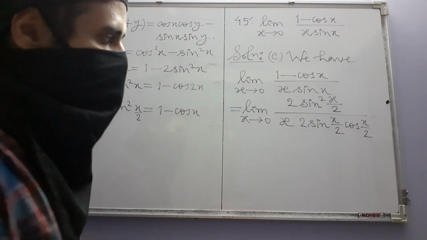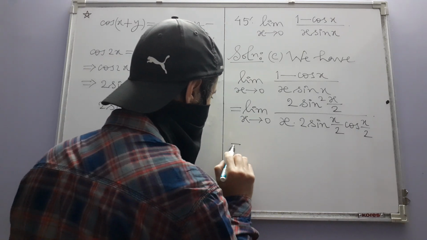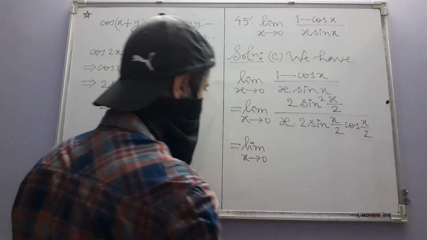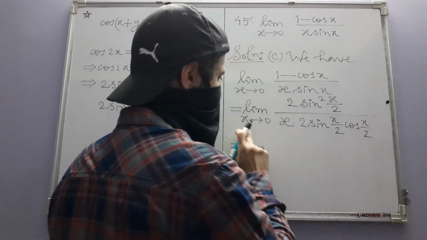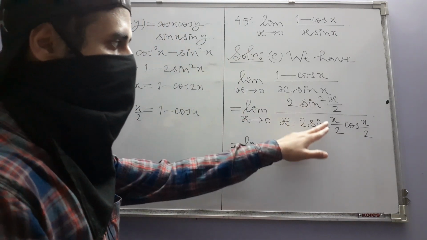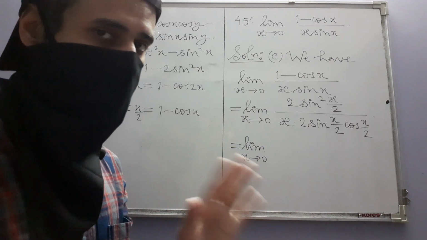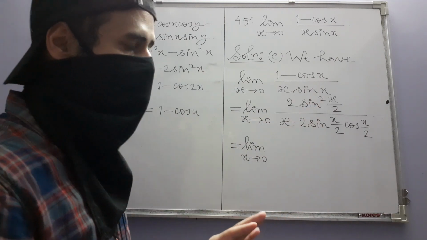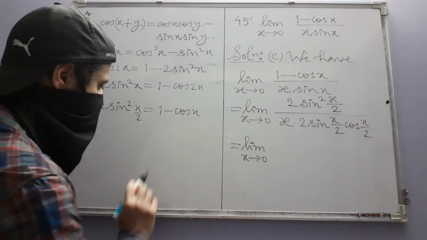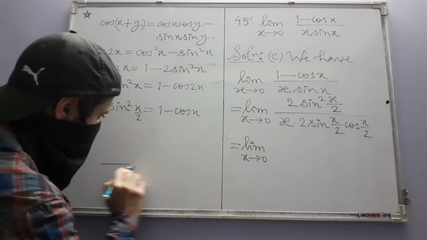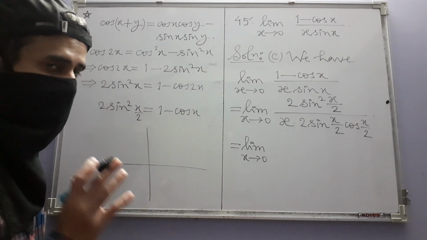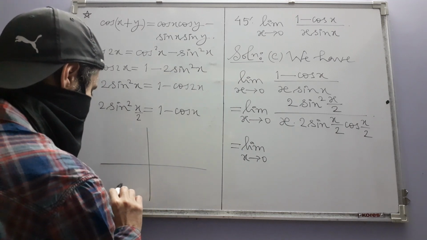Right. Now, because x is not equal to 0, x over 2 is also not equal to 0. So sine x over 2 is not equal to 0. Do you see that point coming up here also? The graph of the sine function is like this.